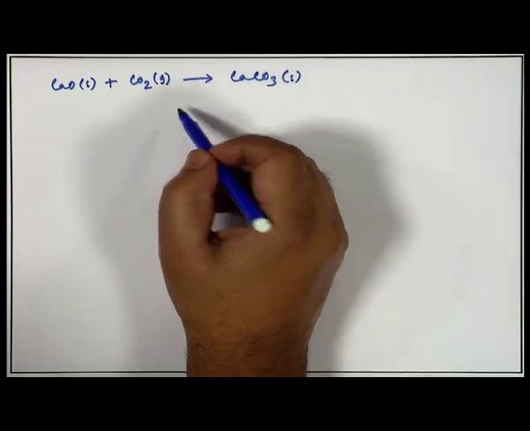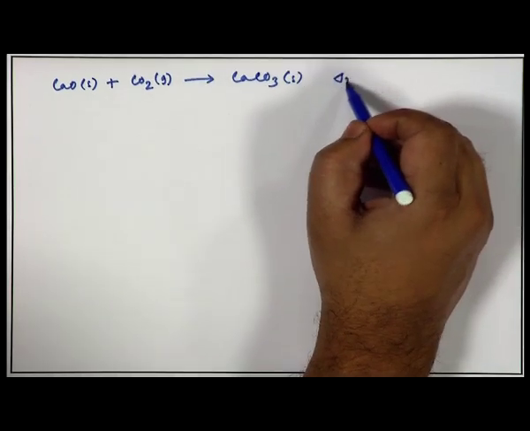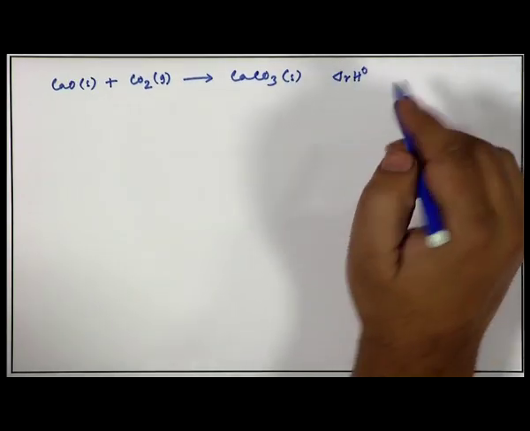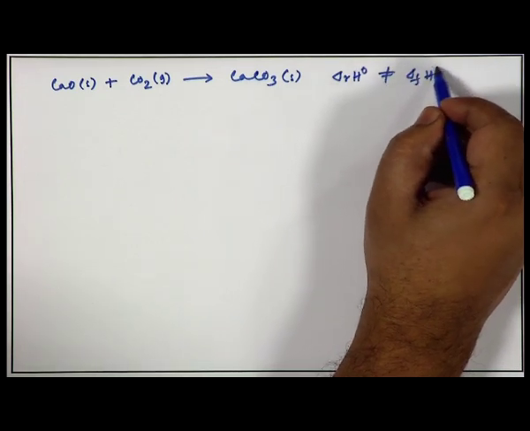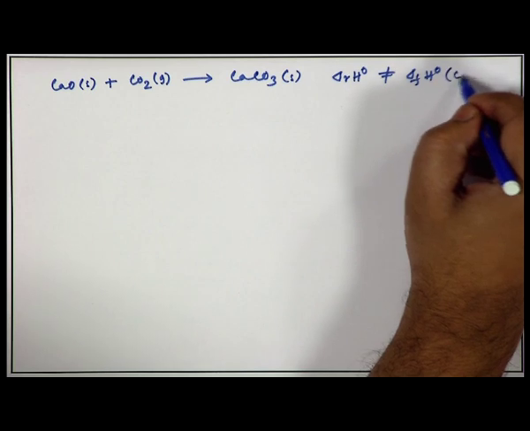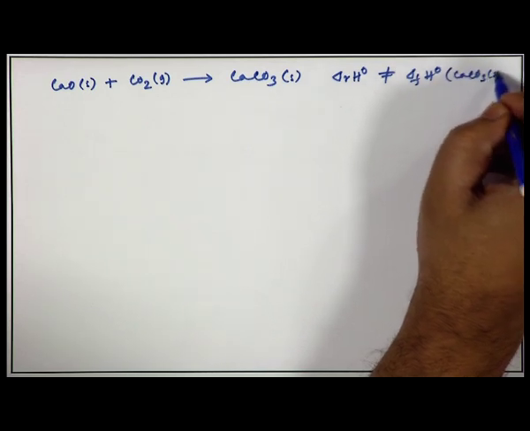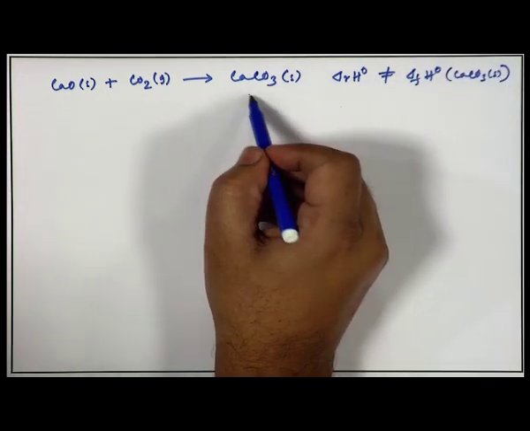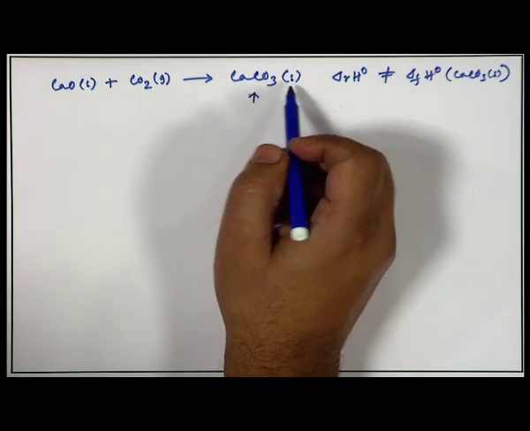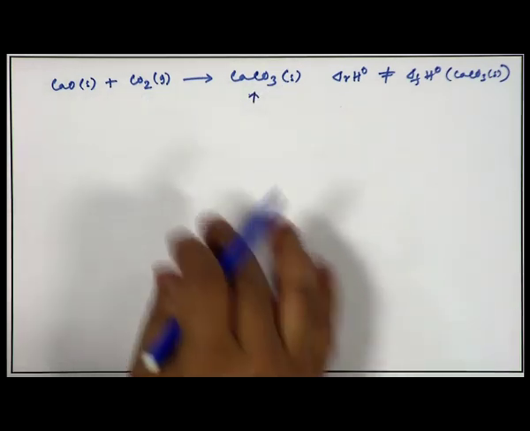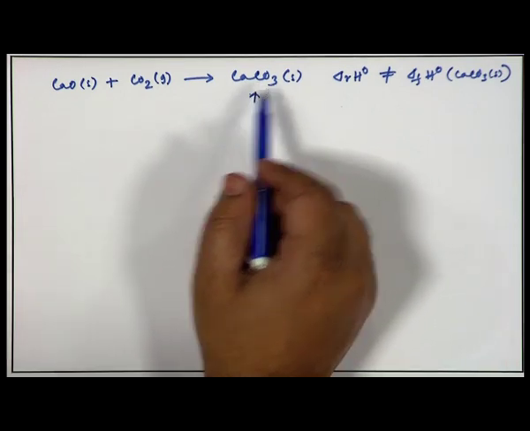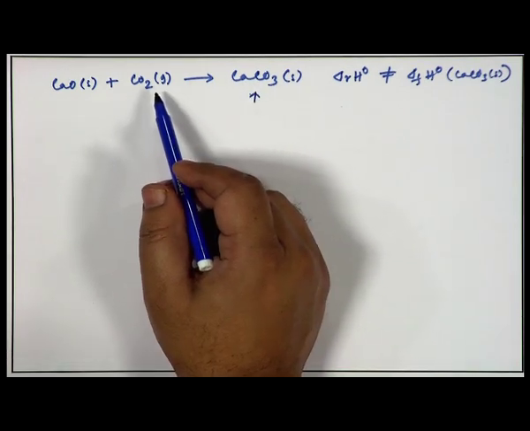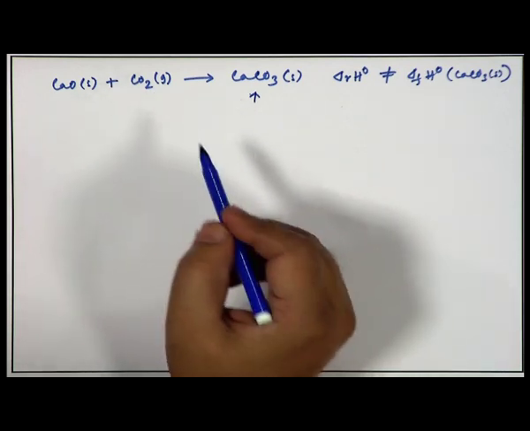But in this case the reaction enthalpy for this reaction is not equal to the formation of CaCO3 solid, because calcium carbonate solid is not formed from the constituent elements. So, remember, the heat of formation has to come from the elements.